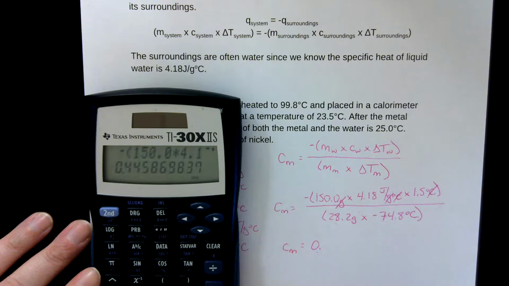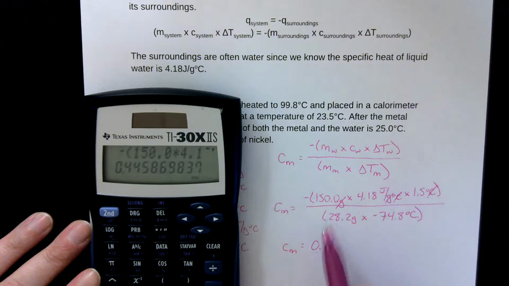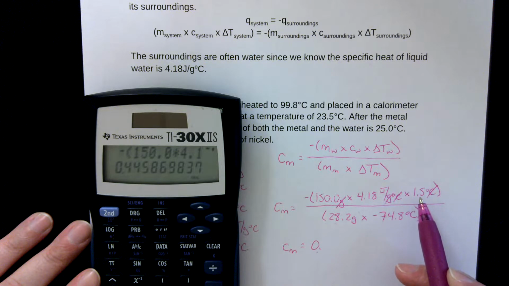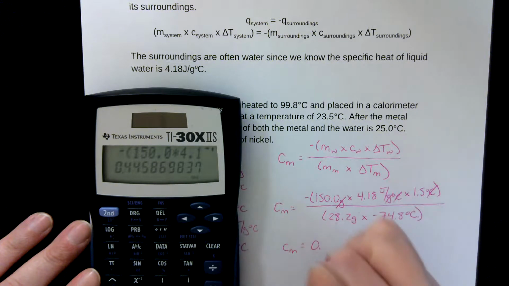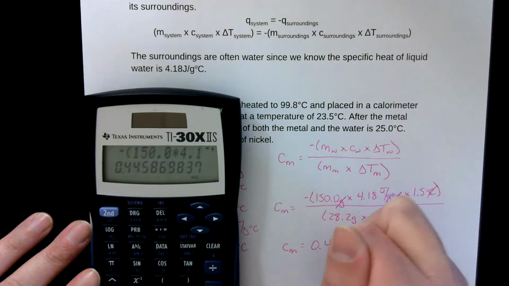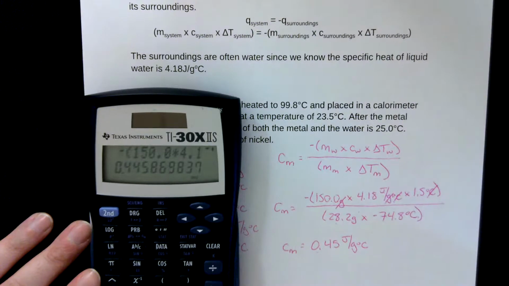So if we look at our sig figs, then our smallest number of sig figs here would be 2 from the 1.5 degrees Celsius here. So I'm going to round this to 2 sig figs, 0.45 joules per gram degrees Celsius.